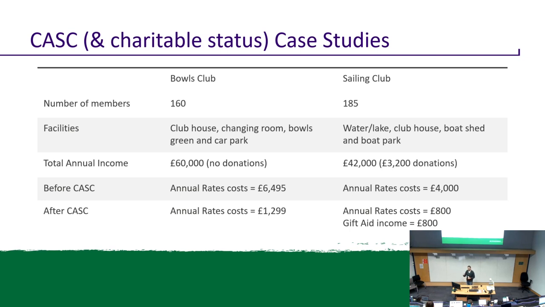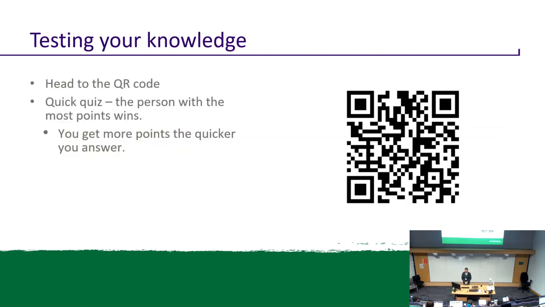So what percentage of £4,000 is 800? 25%. And then 20% for the gift aid, and then the annual rates cost has come down by 80% through the business rates reduction. Okay.